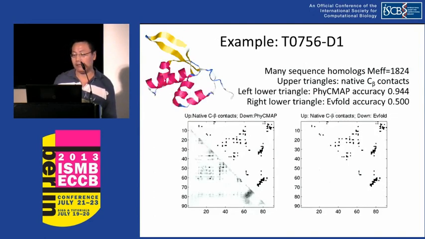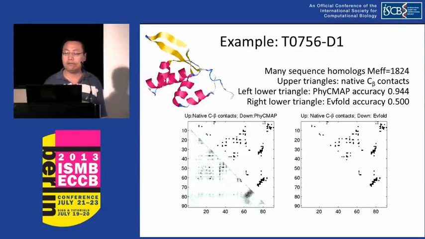And finally, one more example. For this protein, we have 1,800 sequence homologs, and our method has accuracy 0.9, and UV-fold has accuracy about 0.5. Looking at the picture, you can see the prediction by UV-fold is not very good.